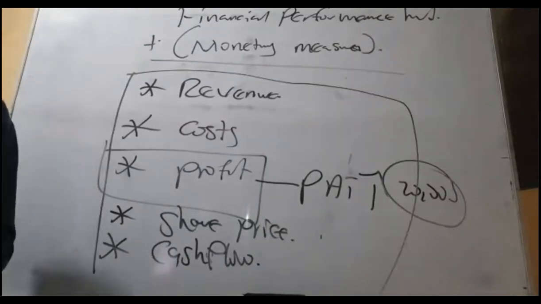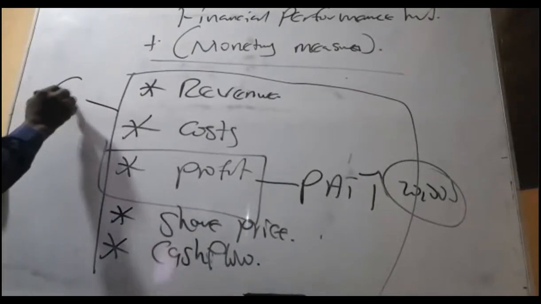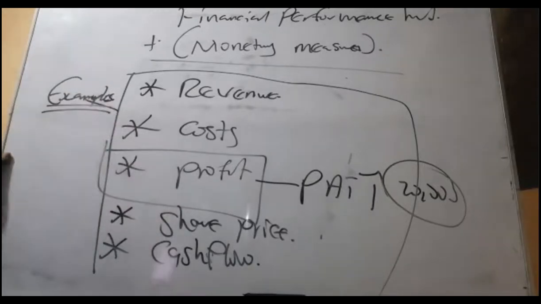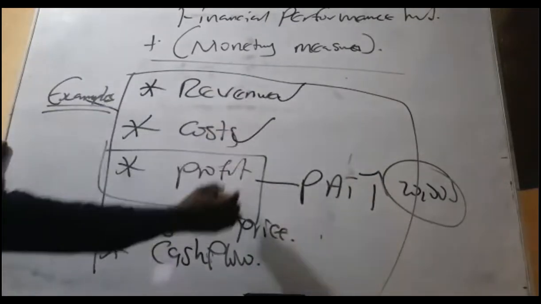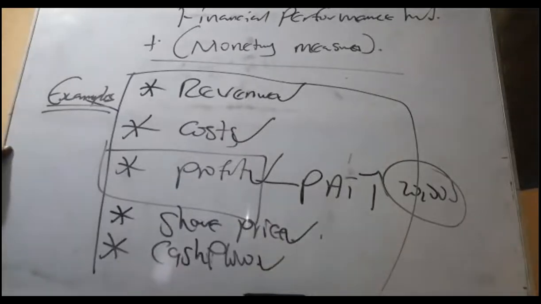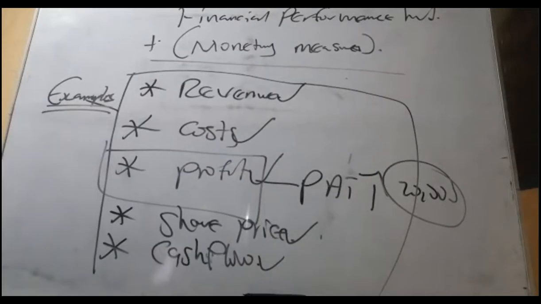Great. So these are examples of the indicators, something that indicates that yes, we have performed well or badly. We can use revenue, we can use our costs, we can use profit, we can also use share price and cash flow.